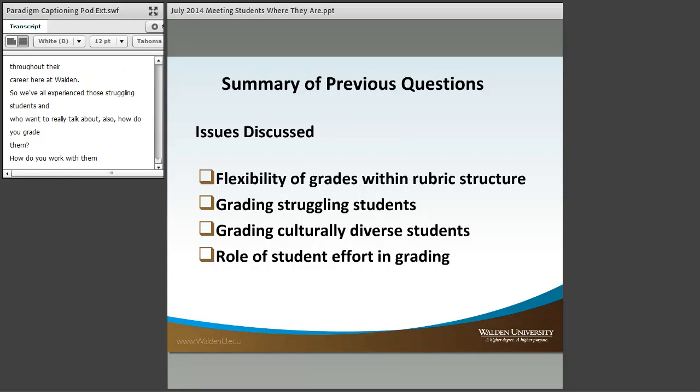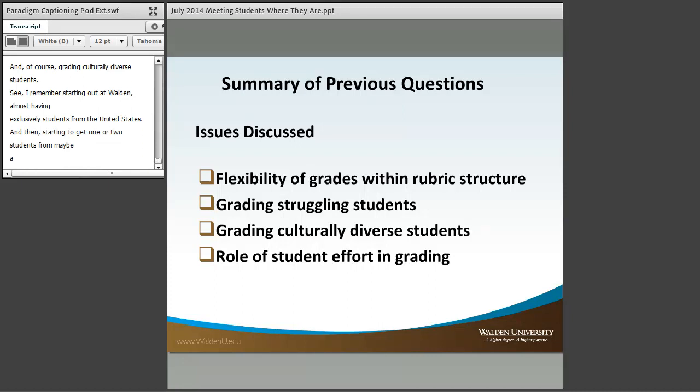And of course, grading culturally diverse students. I remember starting out at Walden having almost exclusively students from the United States, and then starting to get one or two students maybe from a Caribbean country.